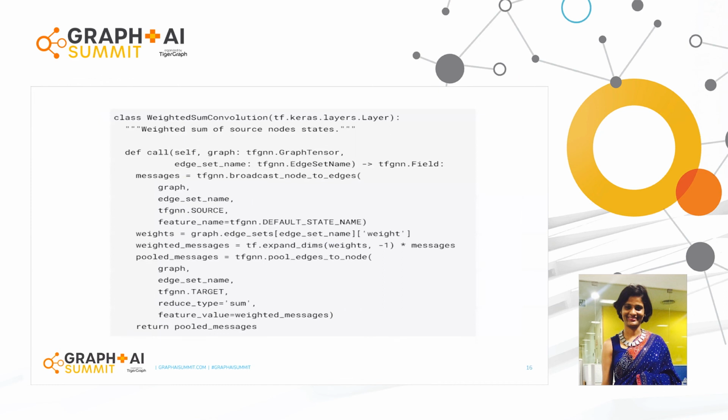And in the previous snippet, we looked at a very simple edge and node configuration class, which just uses the default settings. It is also possible to customize such classes. So here we have a weighted sum convolution class, which is more of a custom model architecture. Here we define the weights, weighted edges, and the pool edge values. And this pool edge values is the sum of all weights across the edges.